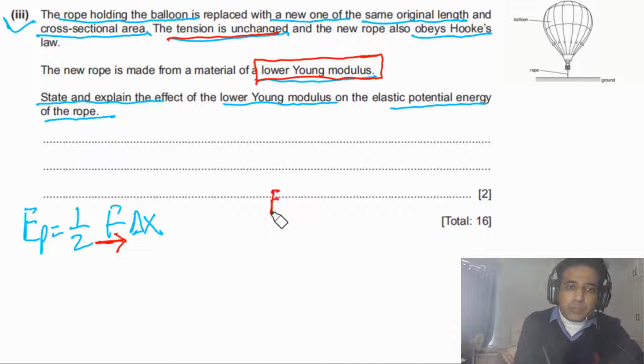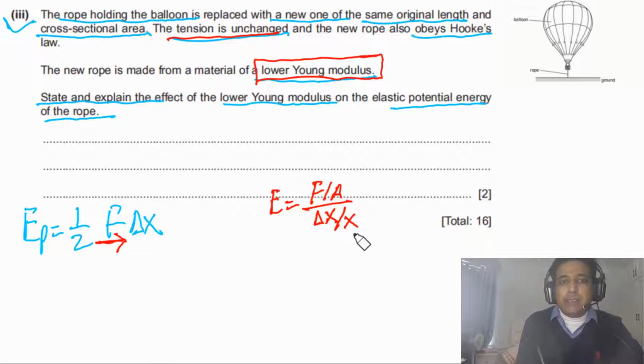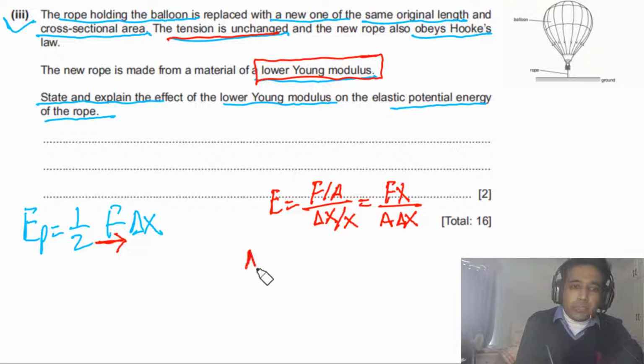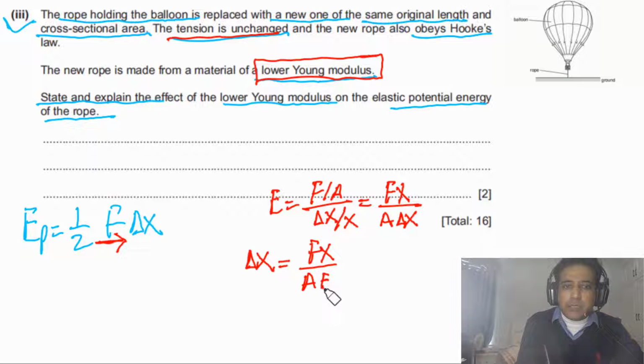So we can say E is equal to F divided by A, meaning stress divided by strain, which is delta X divided by X. Now if we rearrange, we can write this as F times X divided by A times delta X. So we can make delta X the subject: delta X is equal to F X divided by A times Young modulus.